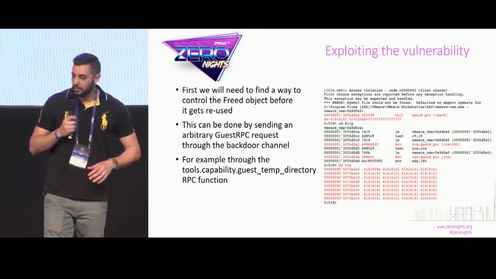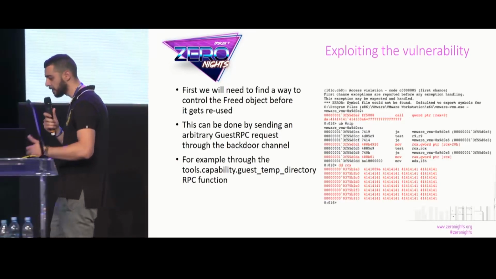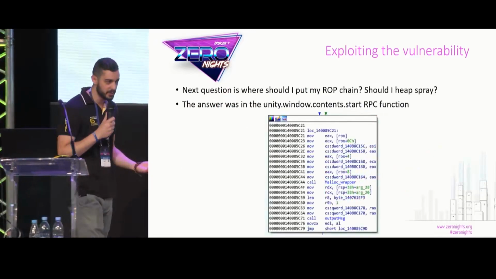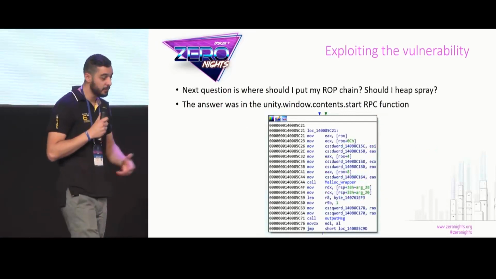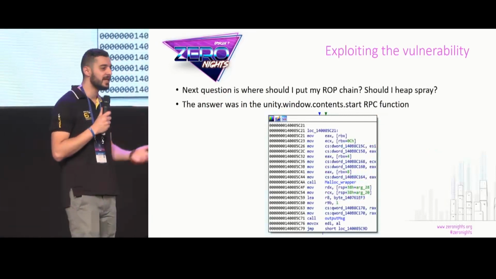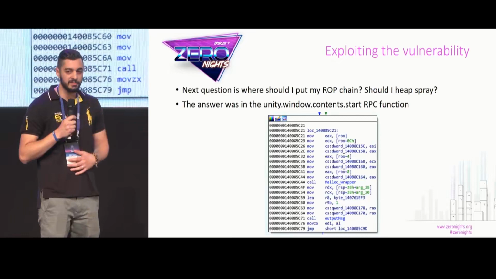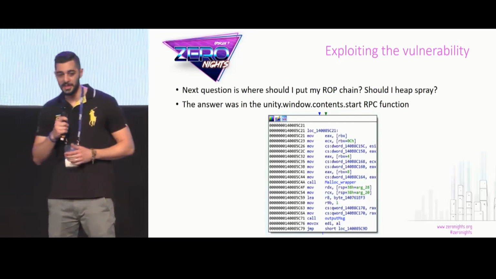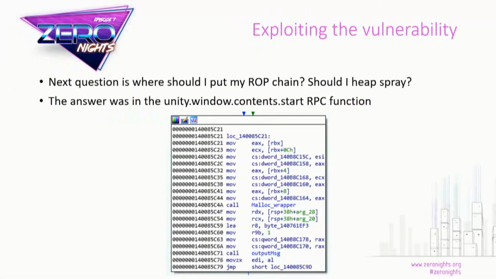Now, since we have all the ingredients, we have to start thinking of where to actually put our payload or ROP chain. Again, we don't have the luxury of JavaScript, so we don't have typed arrays and all that kind of stuff. So I started reversing these RPC functions again, and I found this nice one, which is Unity window content start. In this function, it grabs the argument and sets it in a global variable, which is awesome.